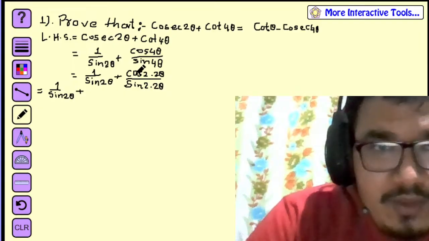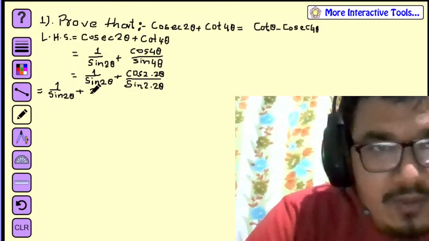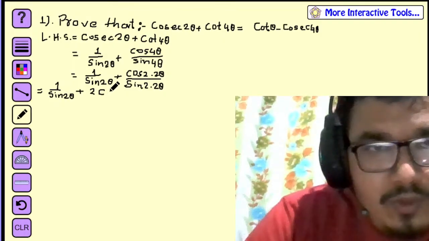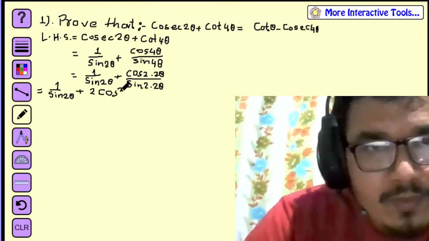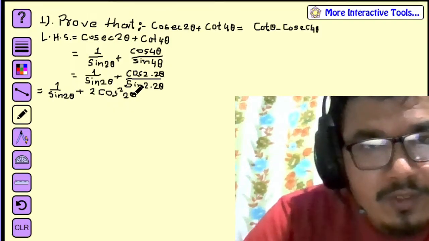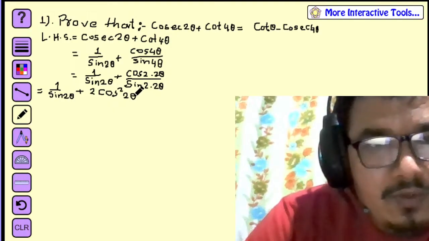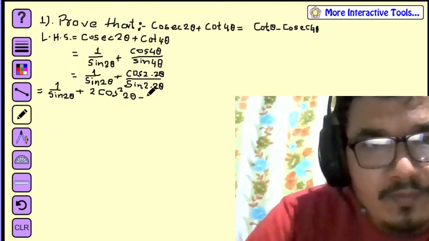And we know that for this upper one we have cos 2 theta, the multiple formula in cos form. Okay, we get 2 cos square theta minus 1.